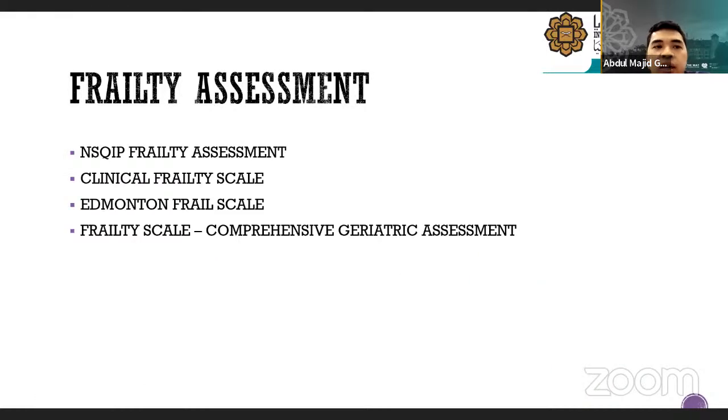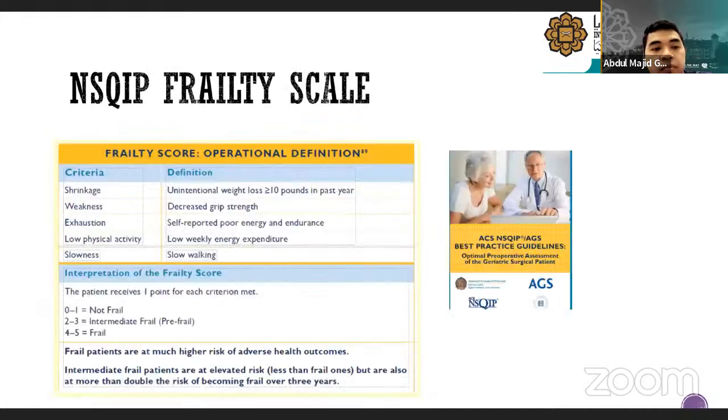So how do we assess frailty? It has multiple sets of assessment, but the most easily used for assessment are the NSQIP frailty assessment, Cognitive Frailty Scale, Edmonton Frailty Scale, and Frailty Scale Comprehensive Geriatric Assessment.